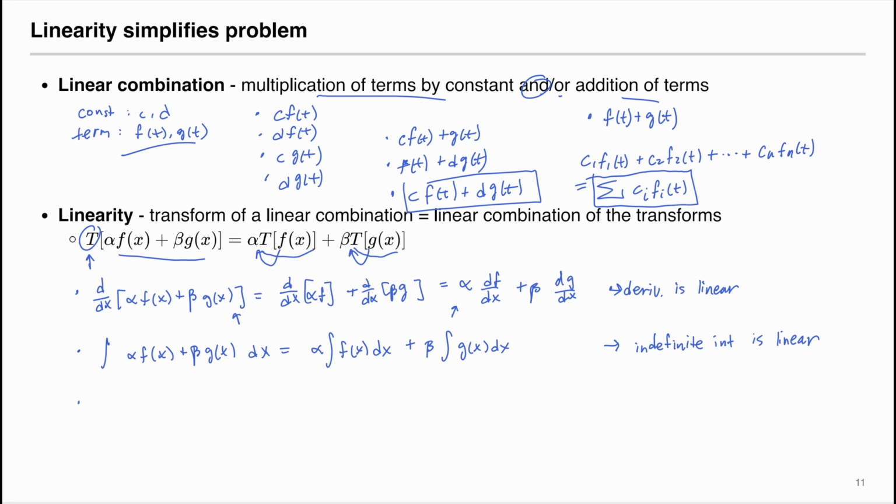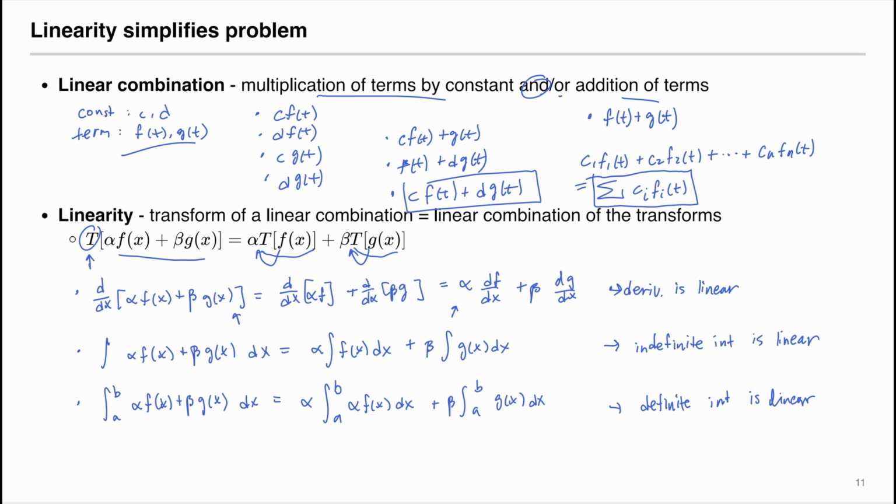And another similar example is a definite integral, where we integrate from a to b of the linear combination, and we still can take out the constant and integrate each thing individually. And we say that the definite integral is linear.